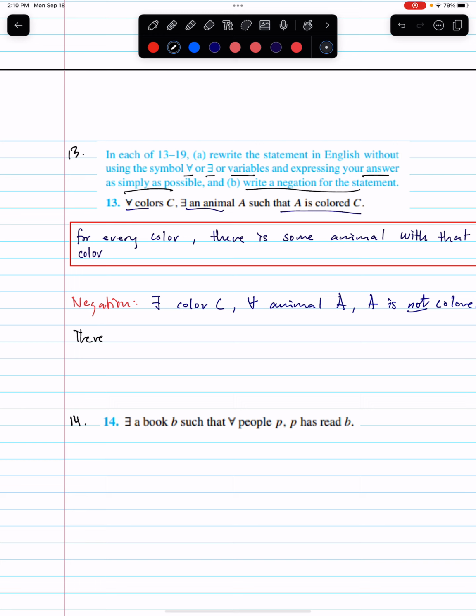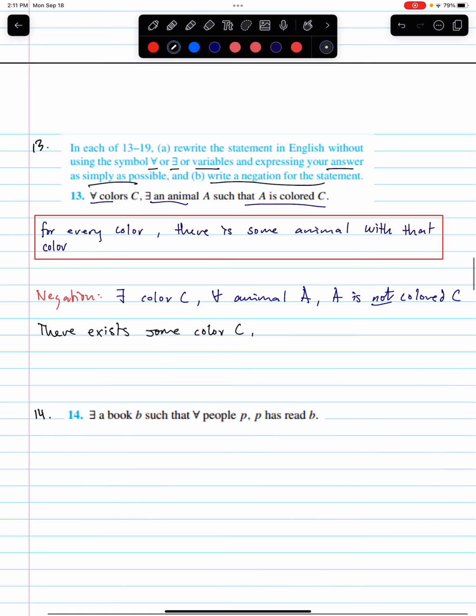There exists some color C that every animal does not have. That'll be the negation of that.